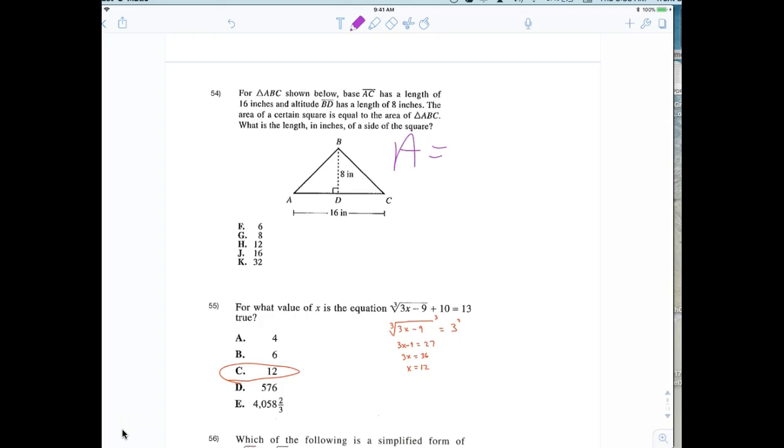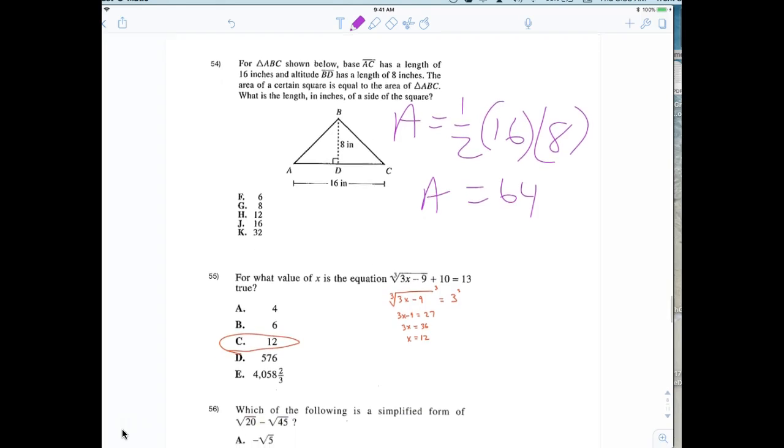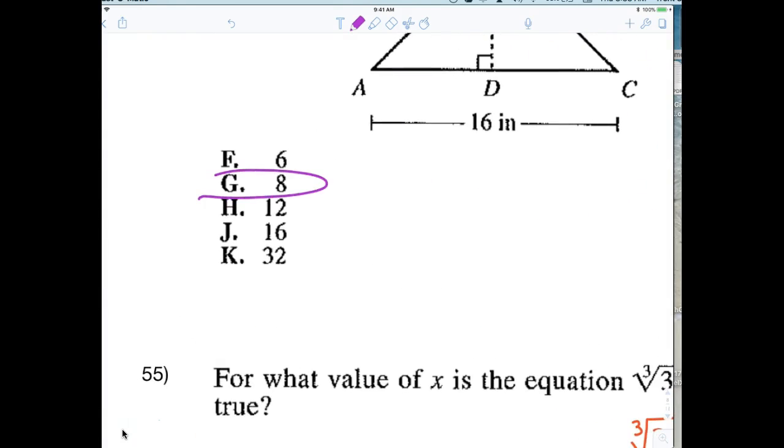Area equals 1/2 times 16 times 8, which is 64. Do you agree? So if the area of that triangle is 64, the area of the square is also 64, which means the side length is 8. Come on, that was a nice problem. Anybody have any questions with that? Square root of 64 is 8.